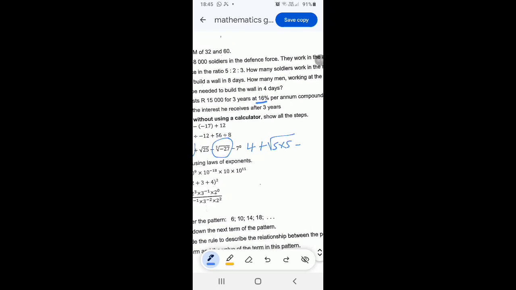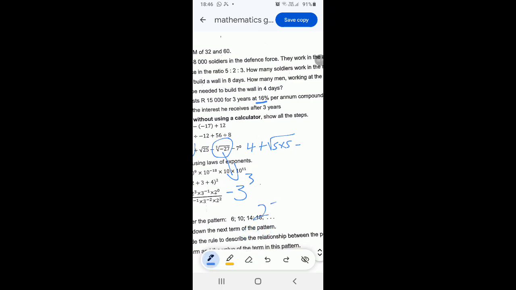Minus. Now, if you factorize this one, it is the same as that. You can use your calculator to factorize. Let me check. Yes. So to factorize, you're going to punch 27, not necessarily minus 27, then shift, and then, let me start again.